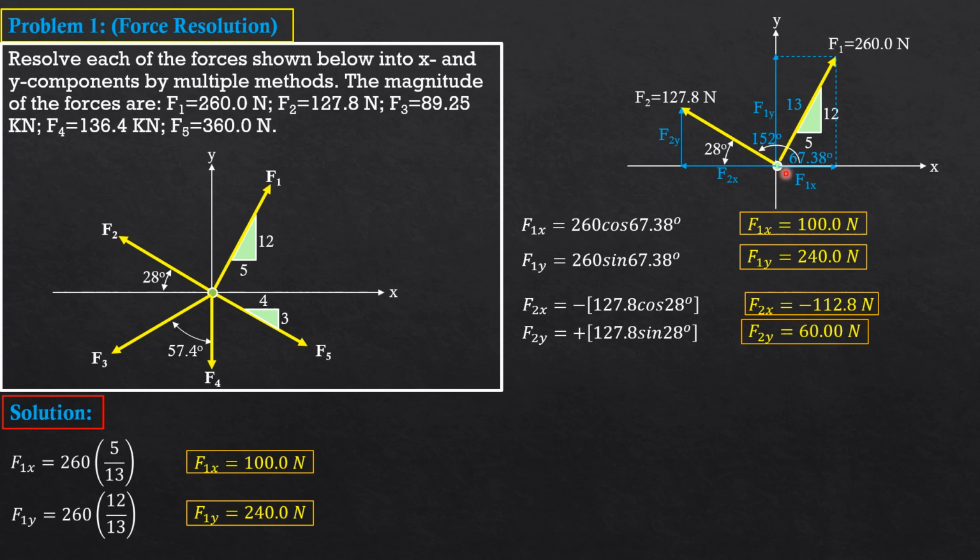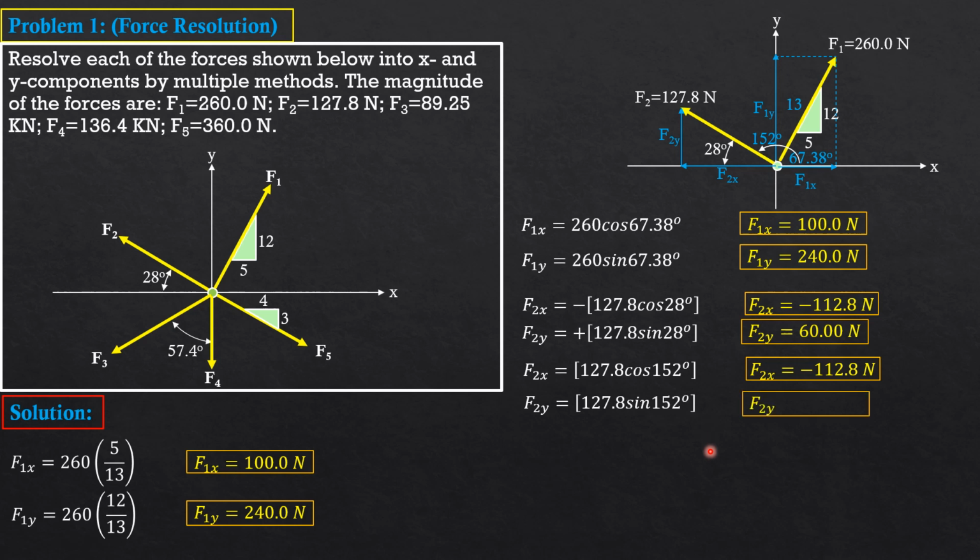Therefore, without thinking, F2x is magnitude of the force 127.8 cosine of 152. So it will give us negative 112.8 newtons. Then F2y is 127.8 sine of 152. So F2y is equal to 60.00 newtons.